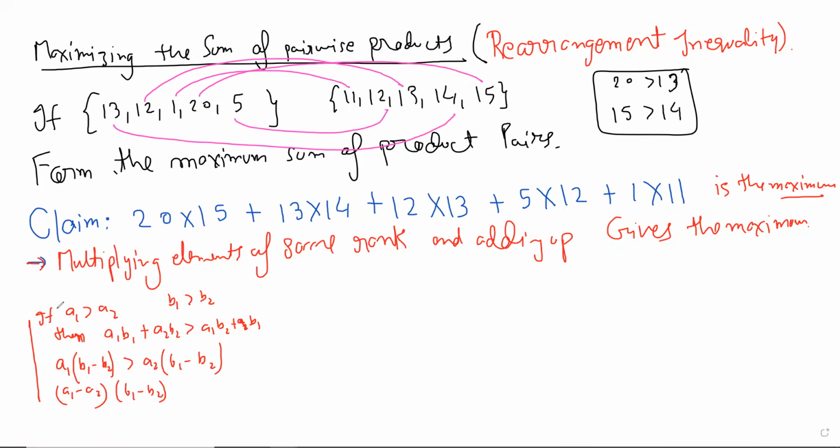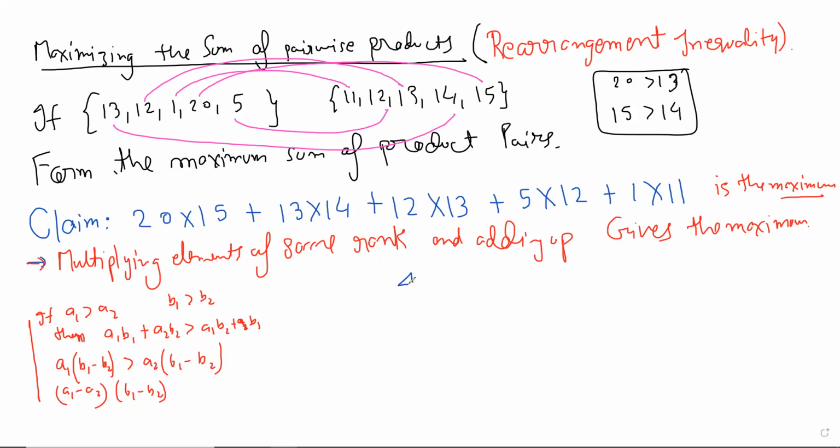Okay. Now, why will this help us to prove? Because basically, we will show that if you multiply the elements in some other way... Now, this is just the idea because the proof will get a little technical.